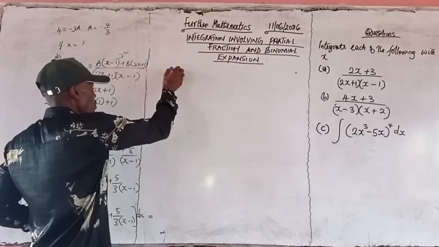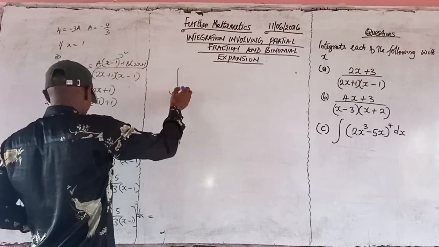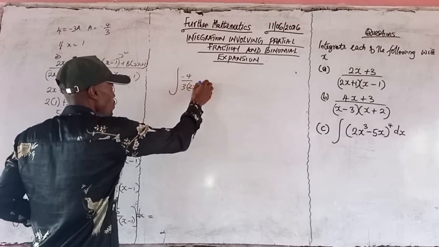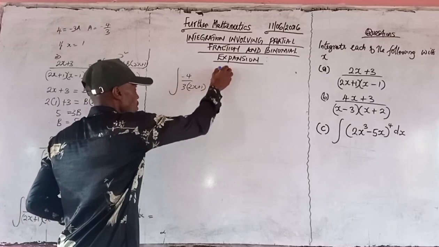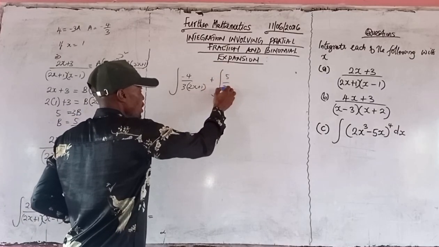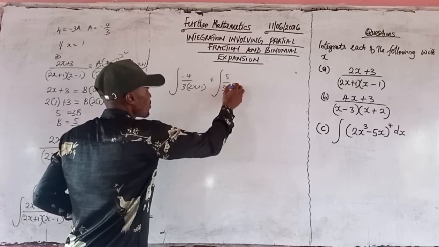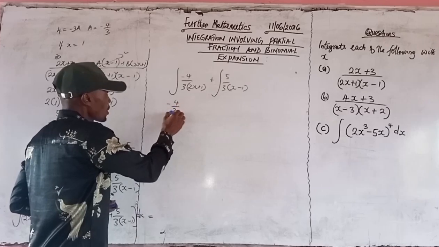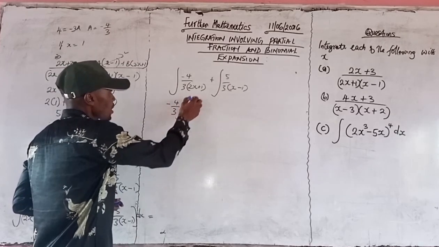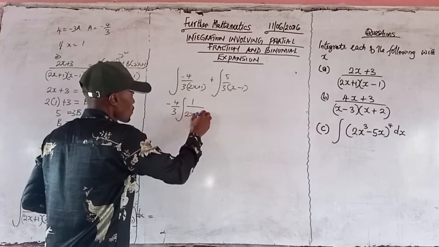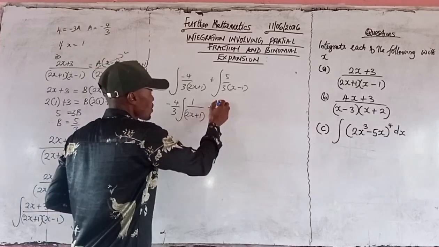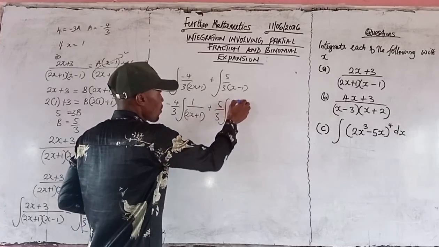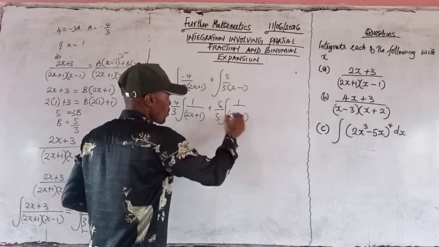So if you do that, it will be the integration of minus 4 over 3 open bracket 2x plus 1, plus the integration of 5 over 3 open bracket x minus 1. So we have minus 4 over 3 times the integral of 1 over 2x plus 1, plus 5 over 3 times the integral of 1 over x minus 1.